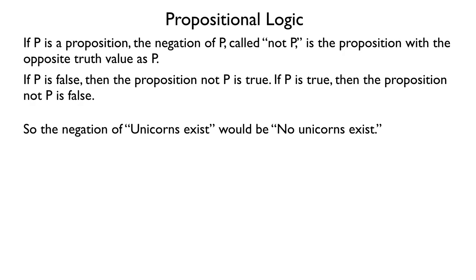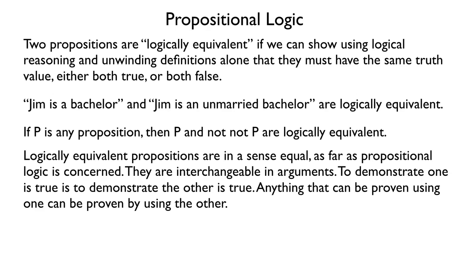If P is a proposition, the negation of P, called not P, is the proposition with the opposite truth value as P. So that means if P is false, then the proposition not P is true, and if P is true, then the proposition not P is false. So for example, the negation of unicorns exist would be no unicorns exist, or equivalently, unicorns do not exist.